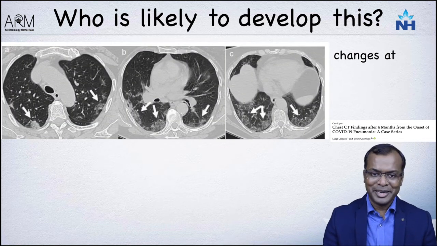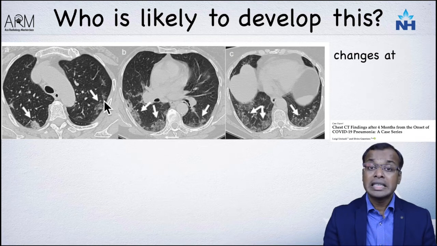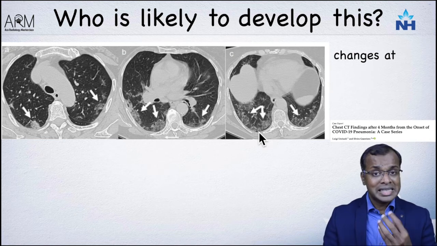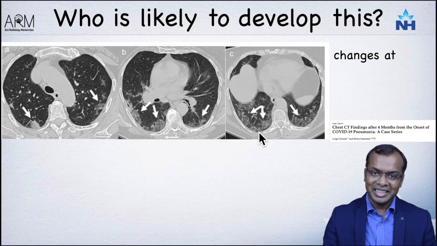This is one such patient. At the time of presentation, what we can see are these typical findings, peripheral areas of ground glass opacities. You would imagine that this is a moderate severity disease, and one would expect some residual changes in these patients at 4 months follow-up.